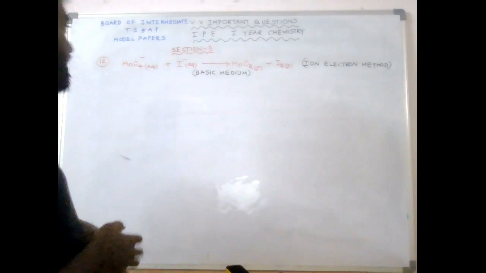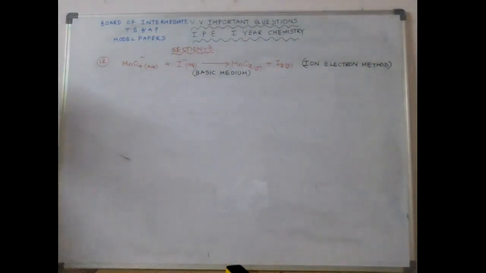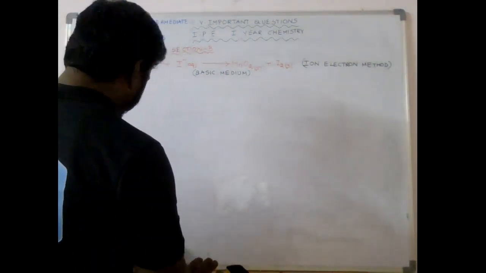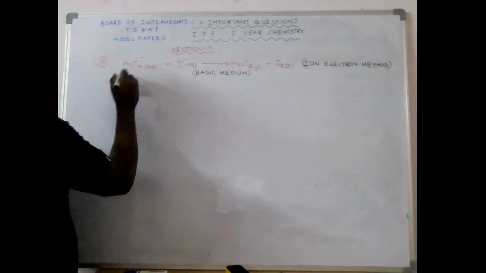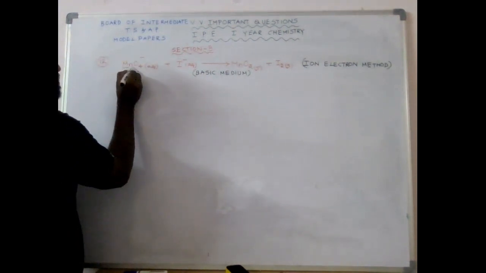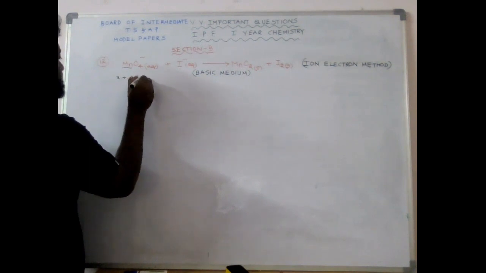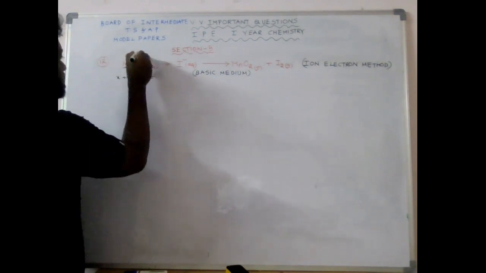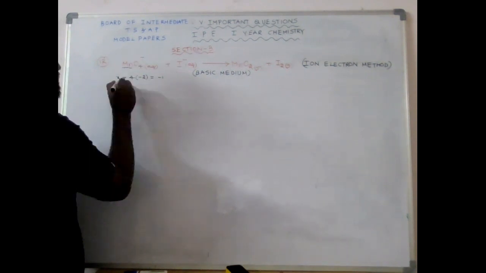The first thing, either in acidic medium or basic medium, is to calculate the oxidation states of the central atoms and each and every substance in the redox reaction. Try to calculate the manganese oxidation state here. Manganese is X, plus 4 oxygens, each oxygen is -2, equal to the charge, which is -1.